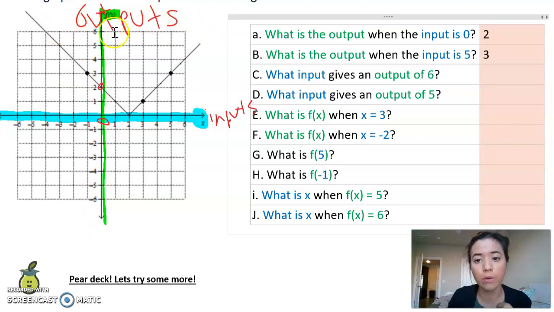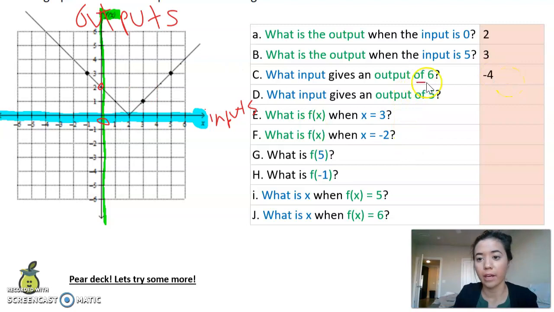If I give you your y, your output, to find your x, you move left and right. If I give you your x value and ask for y, you then move up or down until it crosses. So here I'm going to go to 6 on my output and now move left or right. And it crosses my graph right here at -4.